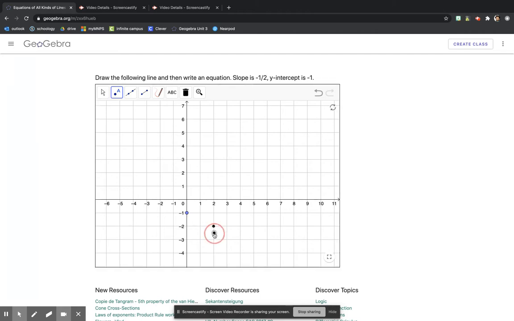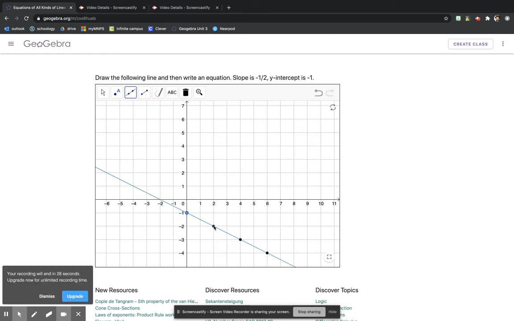And I can repeat that pattern, down 1 space, over 2 spaces, down 1 space, over 2 spaces. And then I'll use my line tool, click on one point, click on a second point, and make my line.